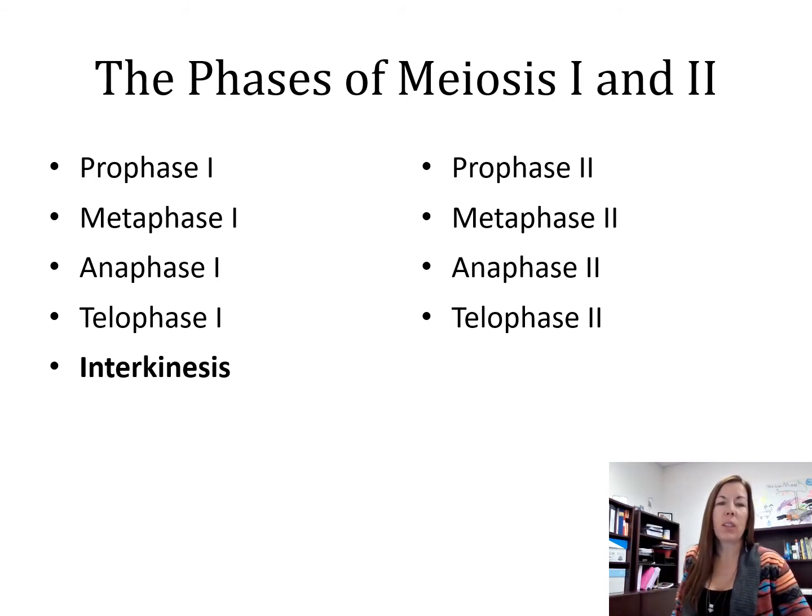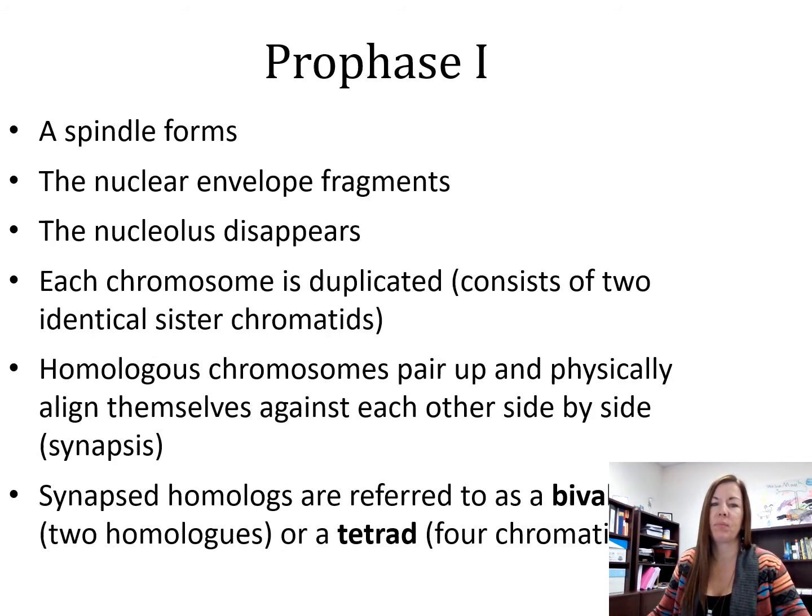In meiosis 1, you'll see prophase 1, metaphase 1, anaphase 1, telophase 1, and then you'll see a little pause called interkinesis. Then in meiosis 2, you'll see prophase 2, metaphase 2, anaphase 2, telophase 2. So it's very similar to mitosis, only it happens twice. So we can divide that nucleus twice, and we can get half the chromosomes in 4 gametes.